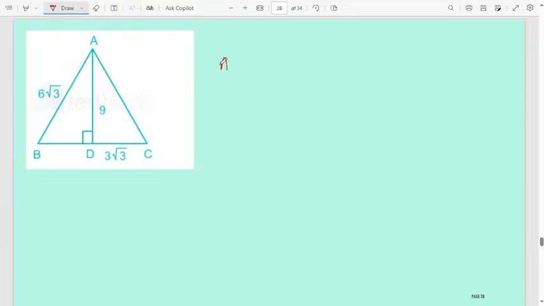According to the Pythagoras theorem, AB square is BD square plus AD square. Consider the triangle ADB. This is 90 degree, they have given it in the figure only. Then apply the Pythagoras theorem.